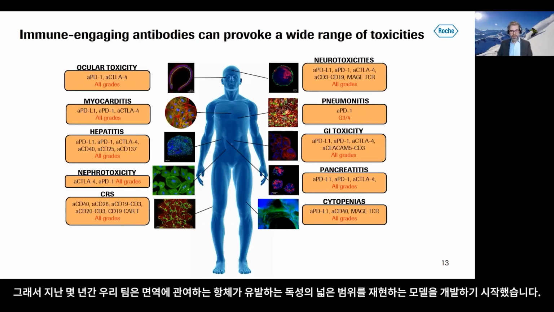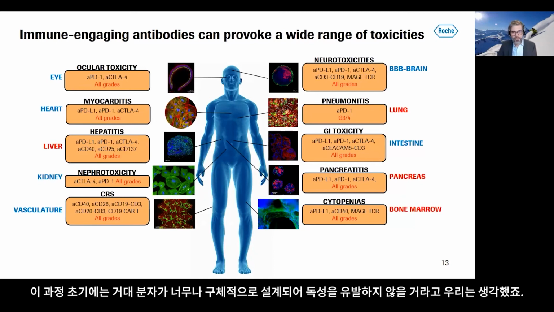So over the last years, our teams have started to develop models that recapitulate the wide range of toxicities immune-engaging antibodies can provoke. So in the very early days, it was believed that large molecules are so specifically designed they wouldn't exert any toxicities.